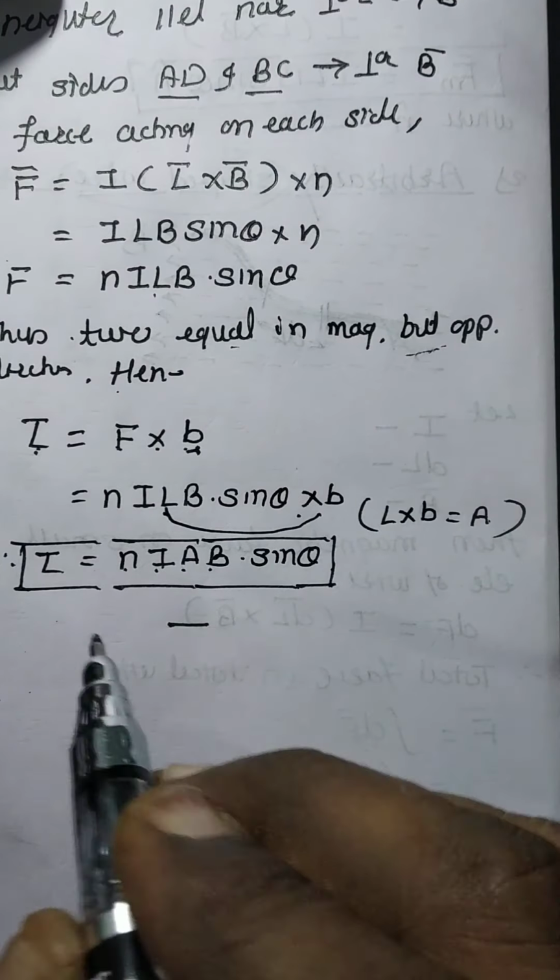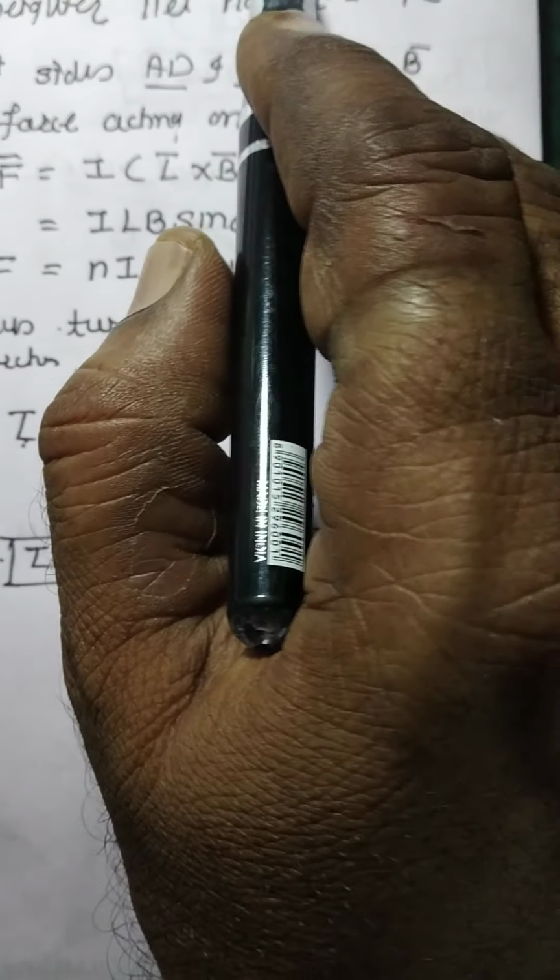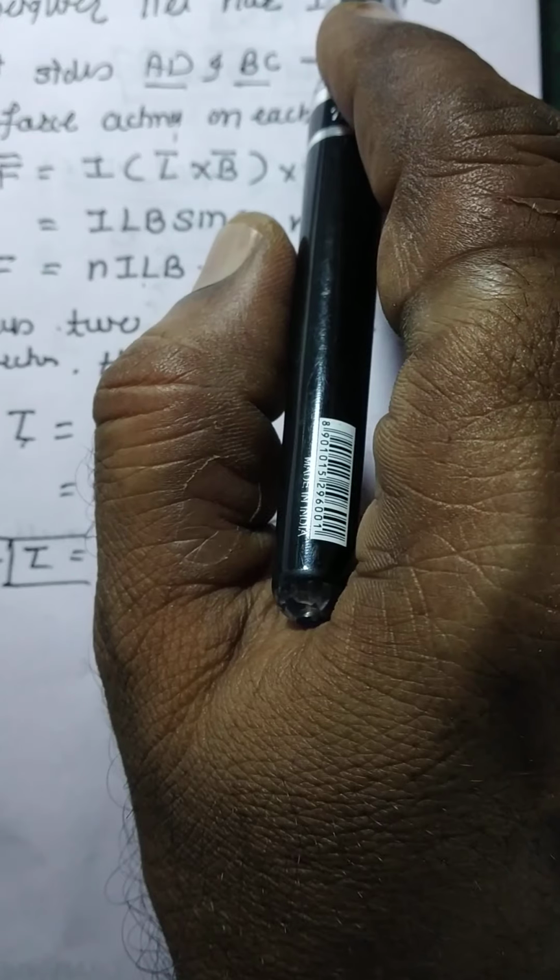What is torque? N I A B sin theta, where theta is the angle between direction of current and magnetic field.